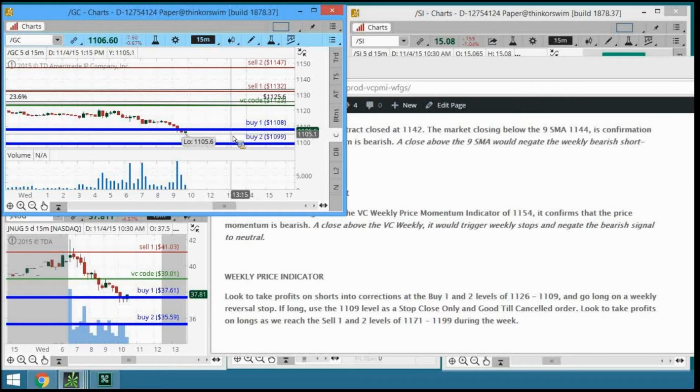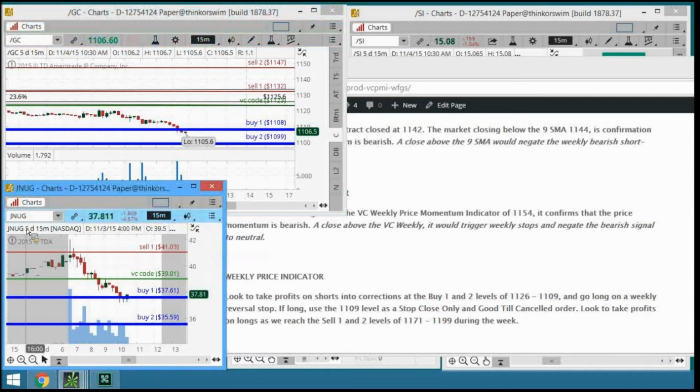The blue levels are demand, and the price coming down is challenging the demand. And as you see here on JNOG, which is one of the instruments that we trade, the demand is a lot stronger than the selling pressure being laid on JNOG, and closing above 37.61 would activate a signal in about 4 minutes or so using the 15-minute bar.